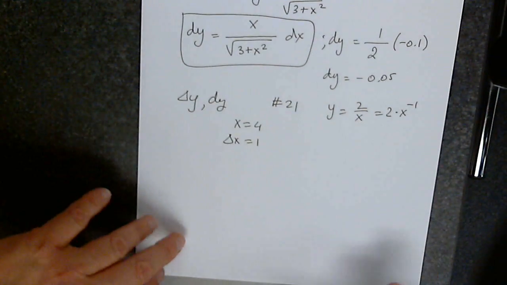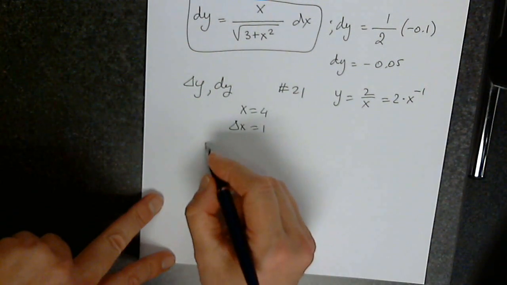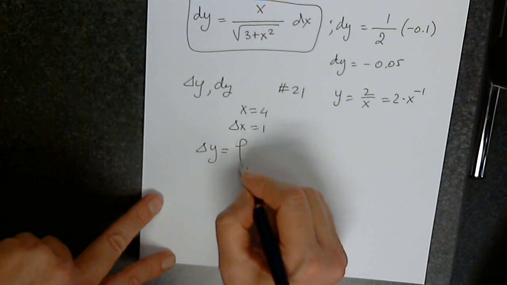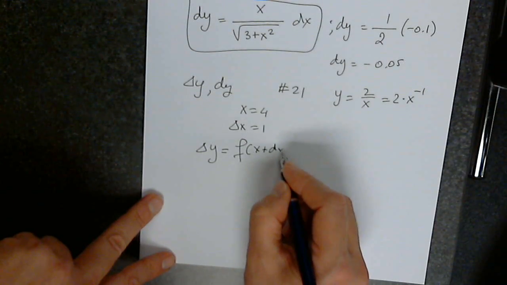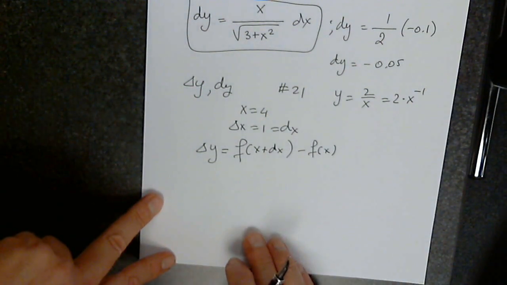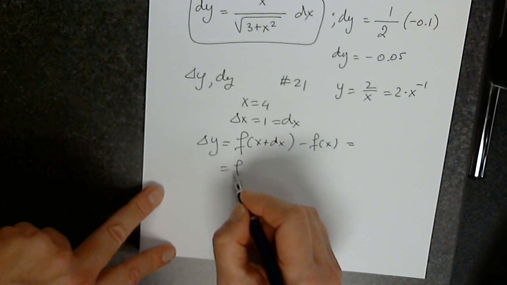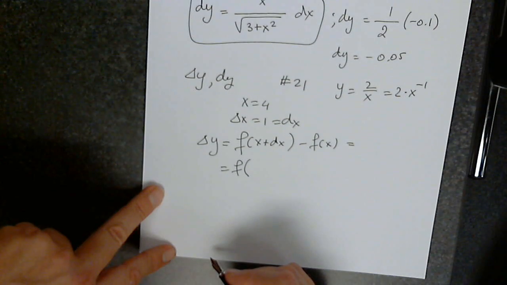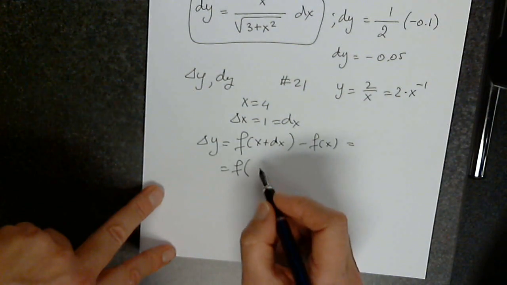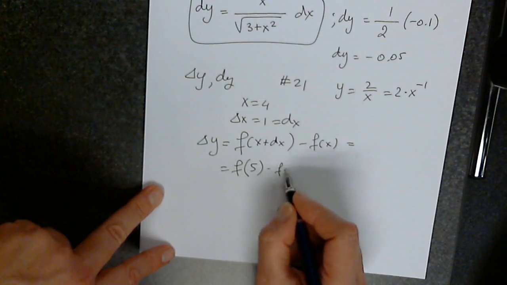So delta y by definition is f of x plus dx, this is the same as delta x, minus f of x for the given x value. So in our case, this will be f of 4 plus 1, so f of 5 minus f of 4.